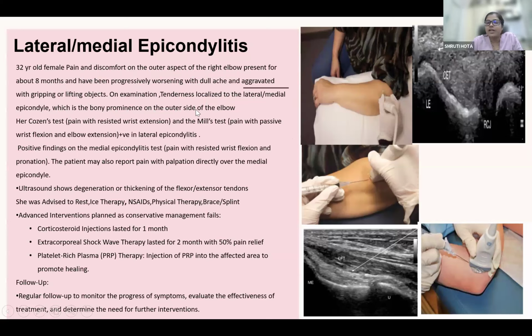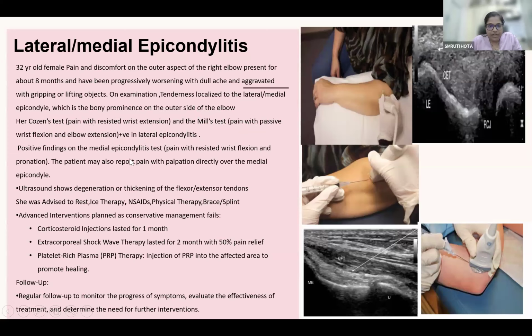For lateral epicondylitis, there are two special tests: one is Cozen's test and one is Mills test. What is Cozen's test? That is pain with resisted wrist extension. And what is Mills test? Pain with passive wrist flexion and elbow extension. These two tests are positive for lateral epicondylitis.